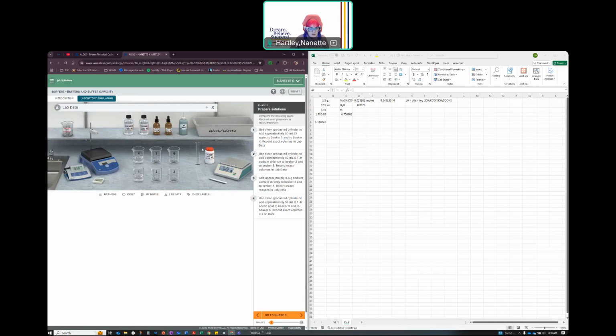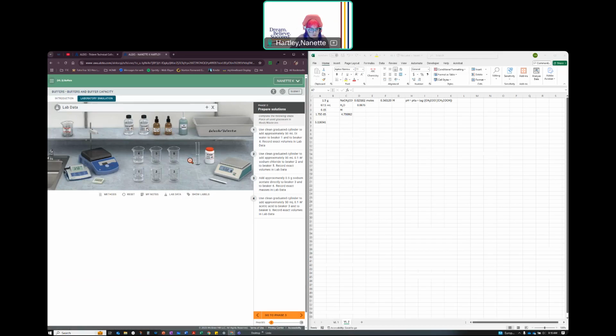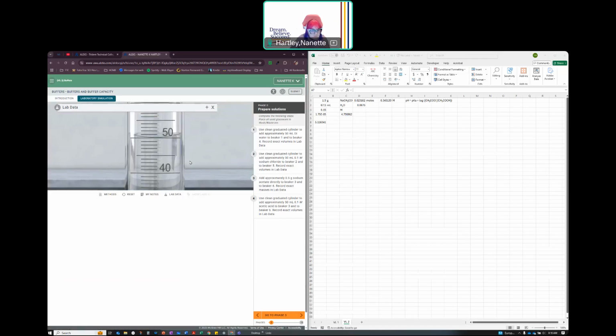Using the graduated cylinder, add approximately 15 milliliters of sodium chloride. This one. Here too. It's 50.